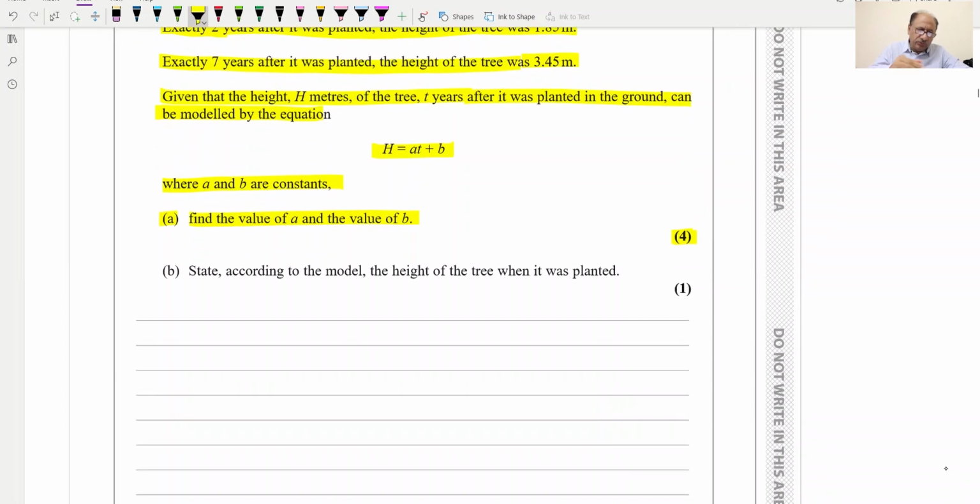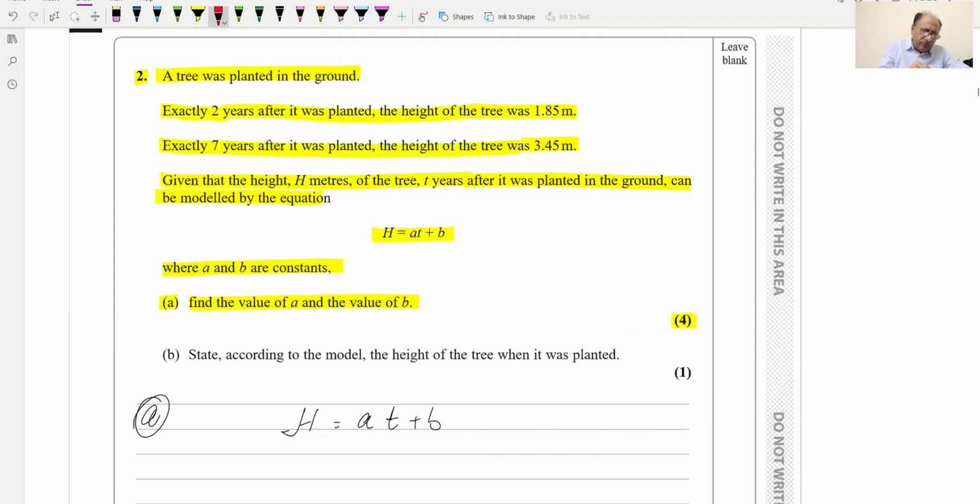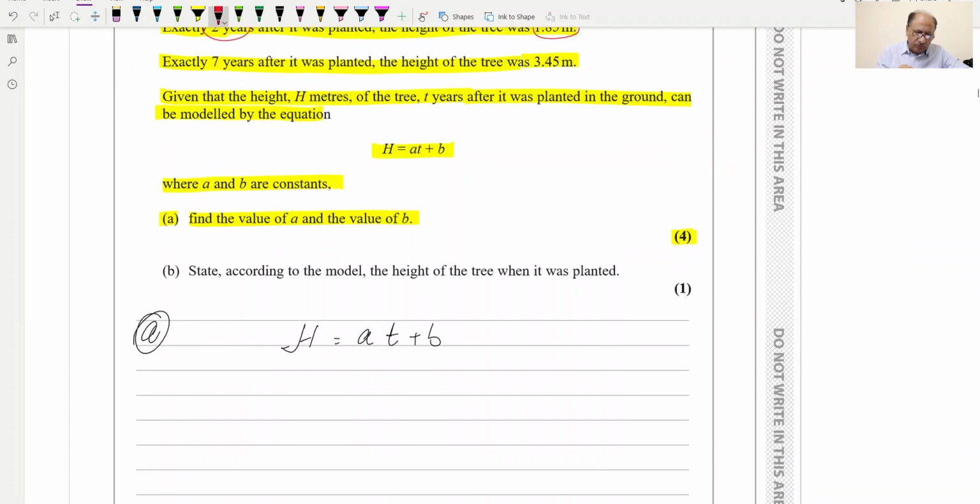So we will use this provided equation for the solution of part A. So h is equal to at plus b. This is the equation which we got, and after 2 years, 2 years means the time duration we will take as 2 years, and the height is 1.85, so we can replace these two values.